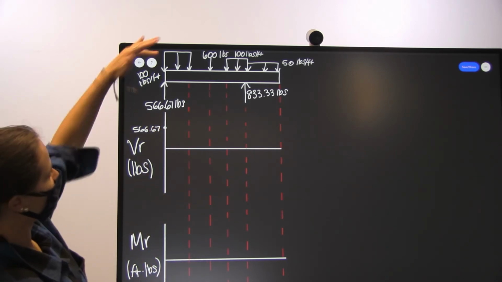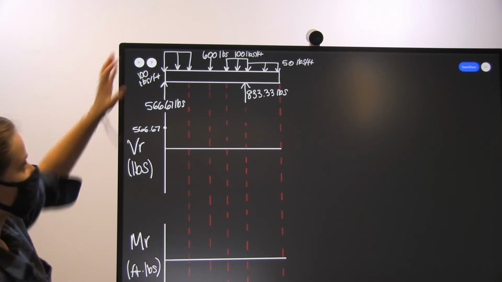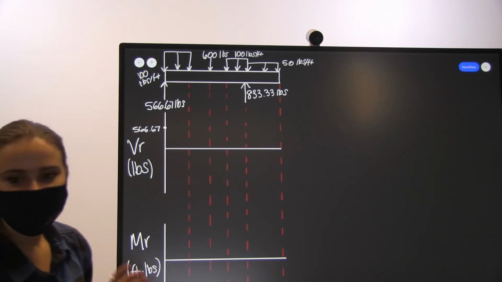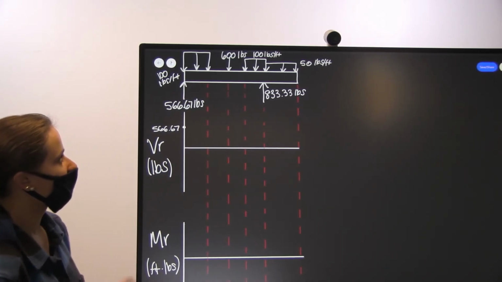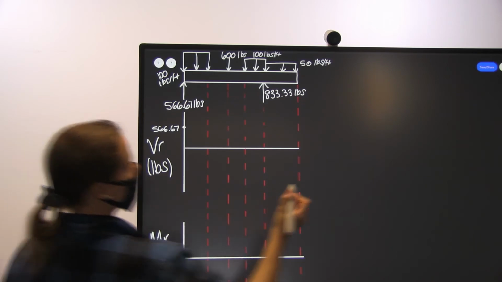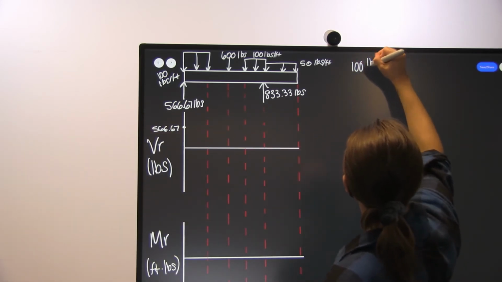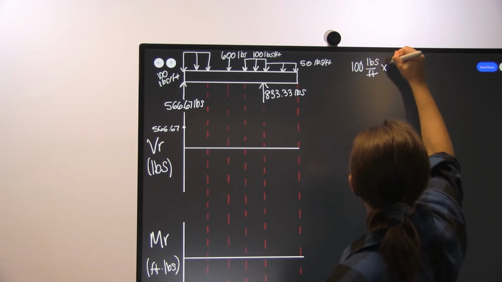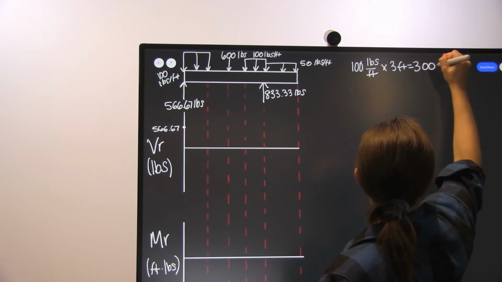And then from there we have this distributed load of 100 pounds per foot, and that is spanning over 3 feet. So since it is spanning over 3 feet, we're going to multiply 100 pounds per foot times 3 feet, which is equal to 300 pounds.